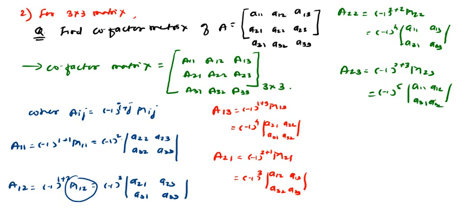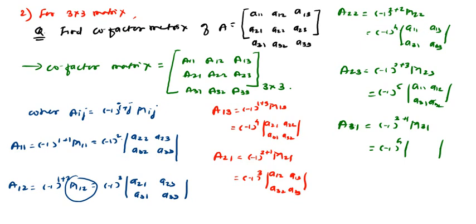Okay, similarly we can find this element A31. This will be minus 1 raised to 3 plus 1 into M31, where M31 is the minor of the element A31. Okay, so this will be minus 1 raised to 4 into the determinant of the minor of the element A31.